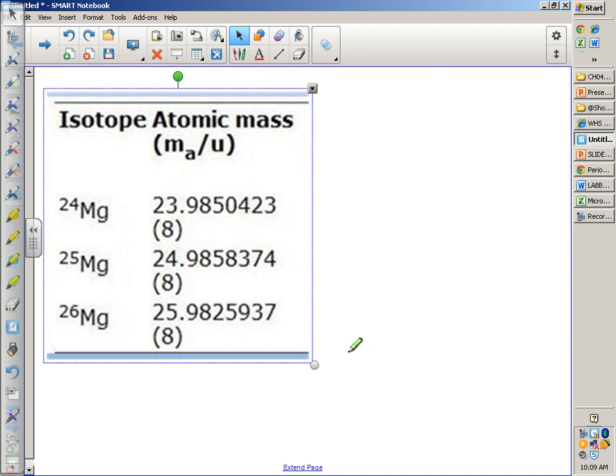Before we talk about these numbers, I want you to first identify how many protons, how many neutrons, and how many electrons each of these atoms of magnesium has. All right, so let's take 2 minutes and see if we can get that taken care of quickly.